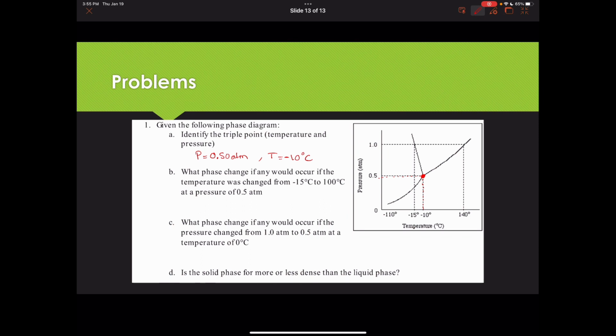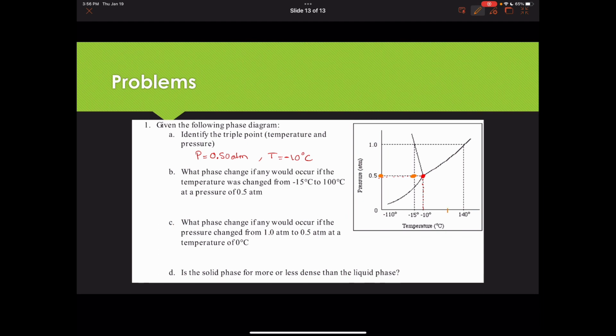Now we said our phase diagrams would be useful in identifying phase changes or what phases we would have present at a given temperature or pressure. So here we're asked what phase change, if any, would occur if our temperature was changed from negative 15 degrees to 100 degrees at a pressure of 0.5 atmospheres. So we're right here at 0.5 atmospheres. We're going from a temperature of negative 15 to say 100.